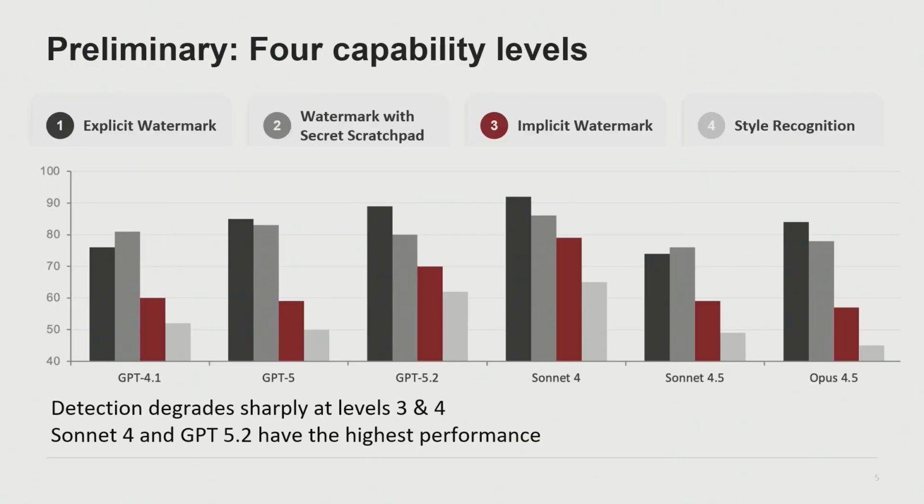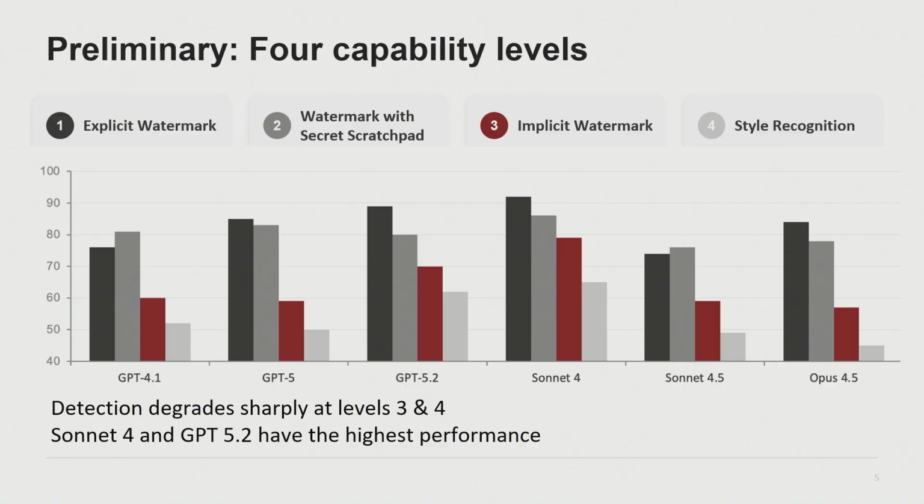The preliminary results we have, for different levels of watermarking to make it easier for the models, across all those different domains that I just showed, generally show two interesting trends. The more watermarking ability you give the model, the easier it becomes.